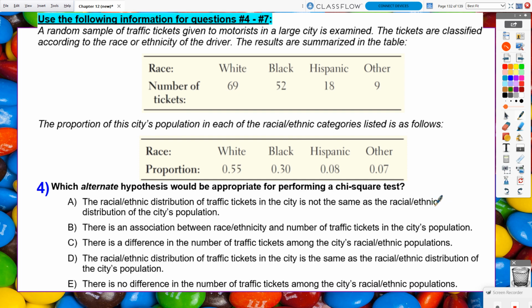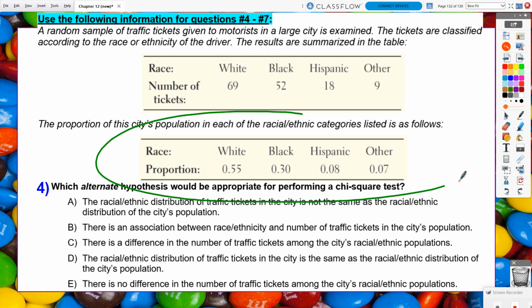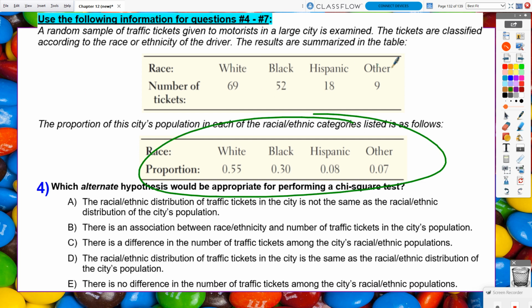Now again, what we first need to examine is which of the 3 types of chi-square problems this is. We want to know if what we saw happen matches up with the claimed population proportions. So this is a chi-square goodness of fit test. We want to know, do these proportions hold true compared to our observations?